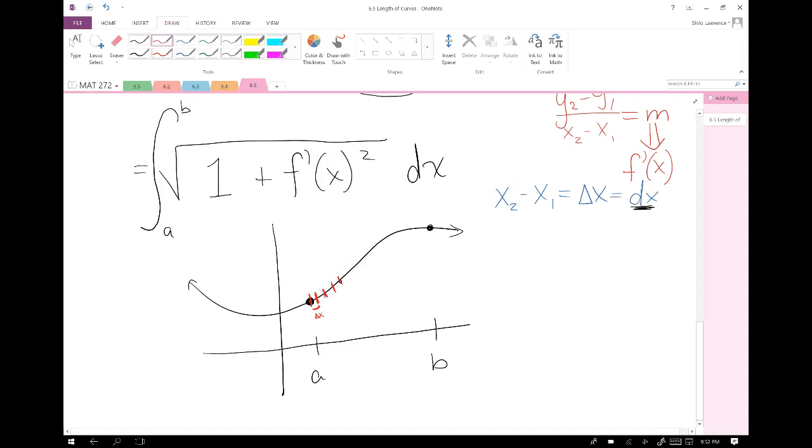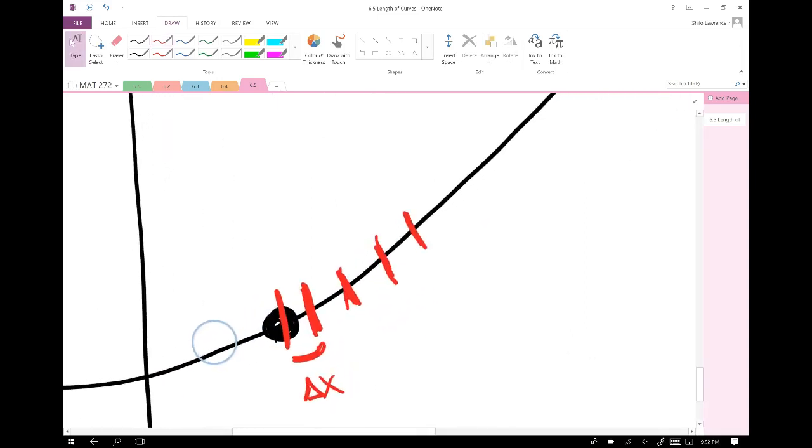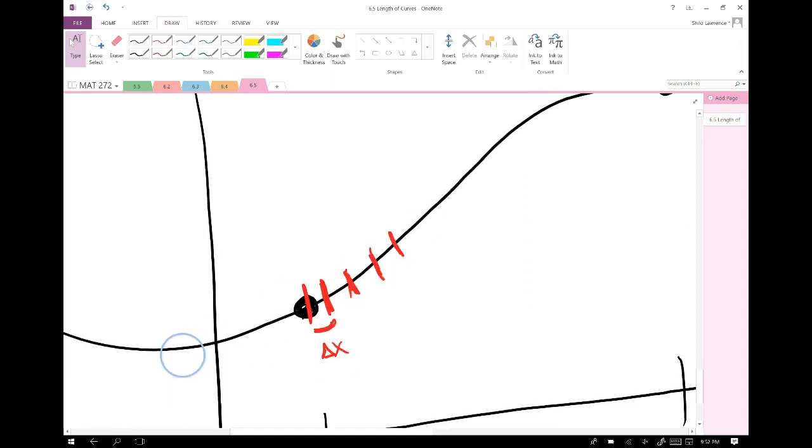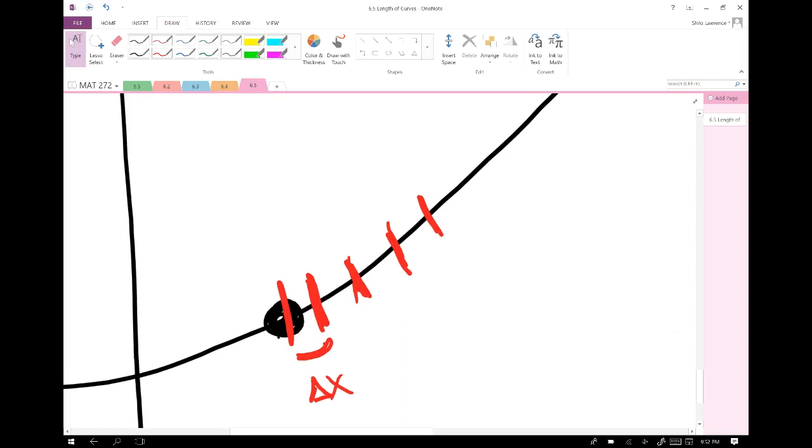And if you zoom in, and I'm going to try to zoom in here, let's see. I don't know if I'll be able to. If you zoom in to any one of these subintervals and just look at them individually, they look like straight lines.